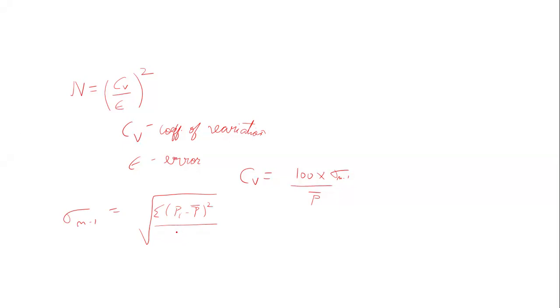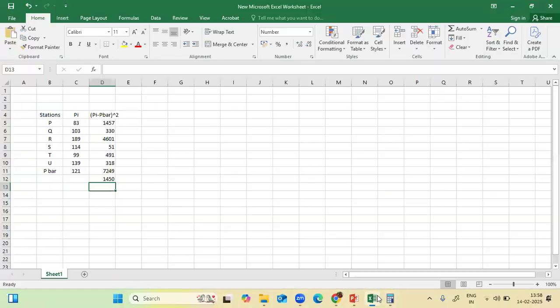Then you sum it up and then you divide it by total number of data minus 1. So here we have 6 data, 6 rain gauge stations.